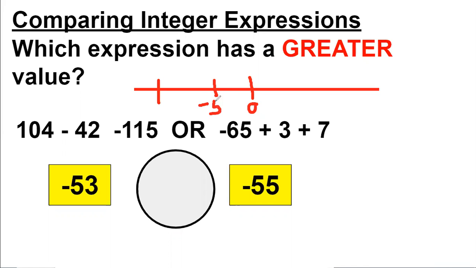Right, negative 53. And this is negative 55. So the closer number is the bigger number. The number further right is the bigger number. So we're going to draw our greater than sign towards the negative 53. Pac-Man is eating the bigger number. Okay?